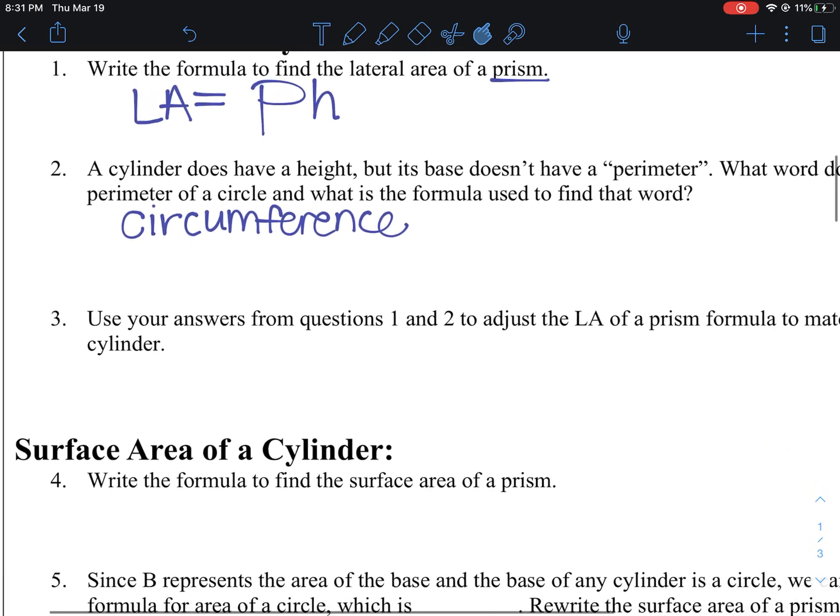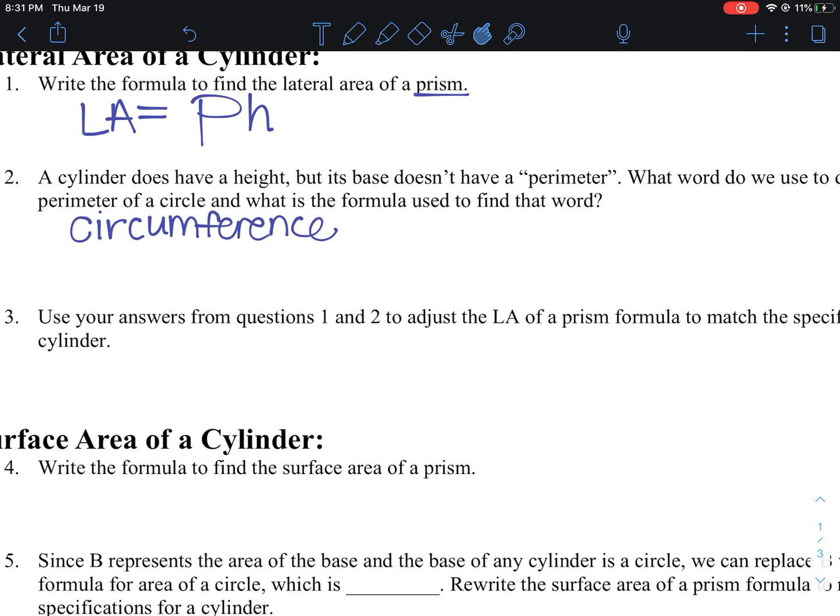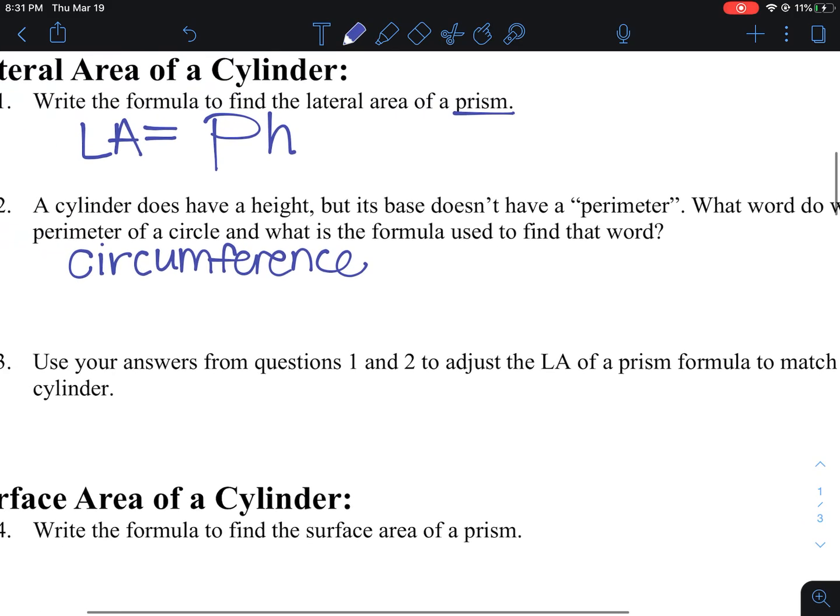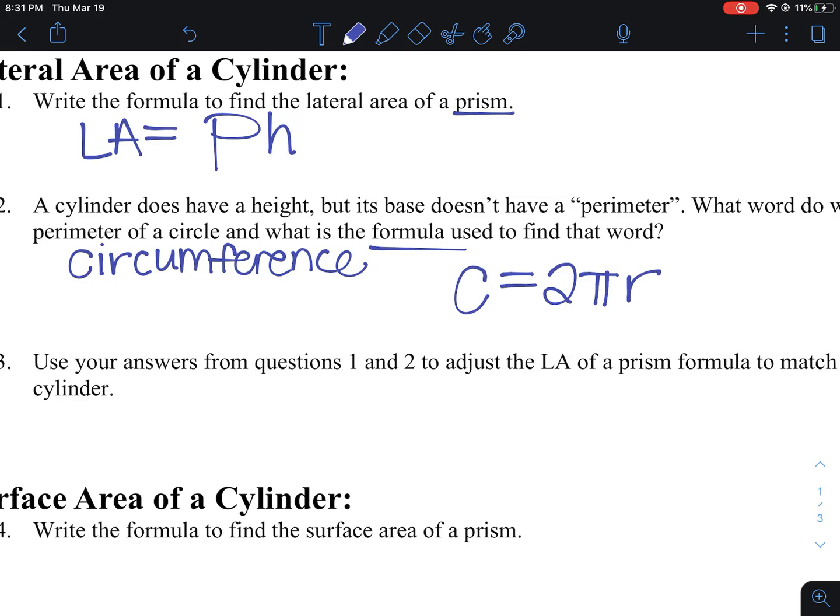Okay, maybe it sounds familiar to you. Hopefully it does. So circumference is that distance around the outside of the circle, right? And then what is the formula used to find that word? It is 2 pi r. So 2 times pi times the radius.